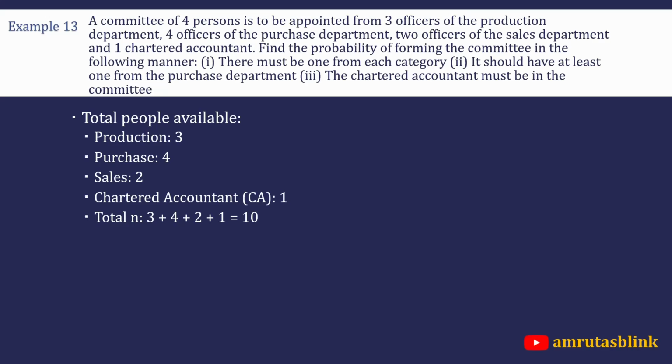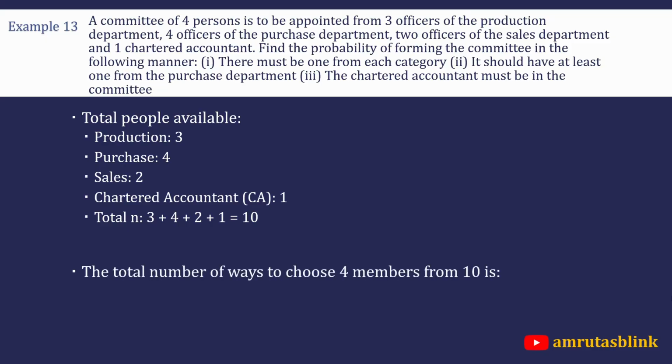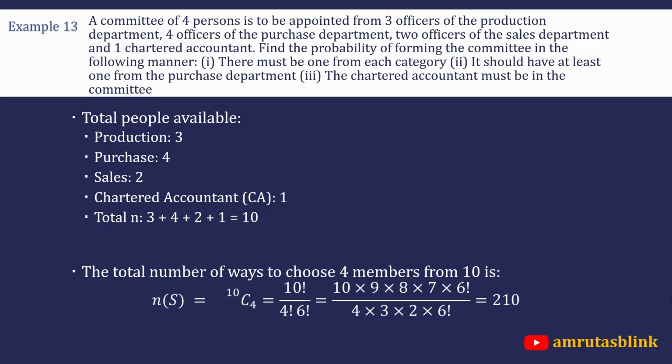Let's say first of all we will find out how many possibilities are there in your sample space. So how many total people are there? So what is the value of n? It is 3 plus 4 plus 2 plus 1, which is equal to 10. That's why the total number of ways to choose 4 members from 10 is 10C4.